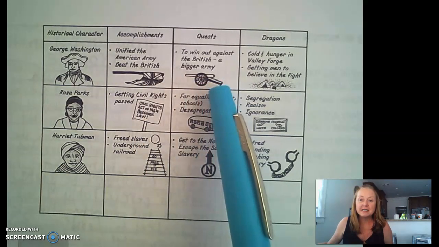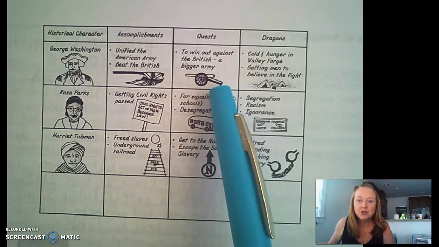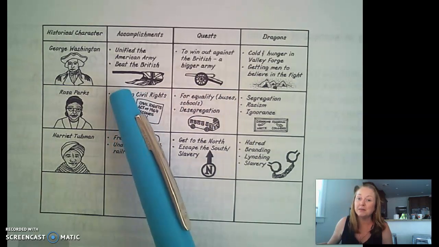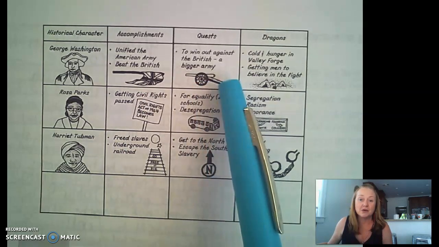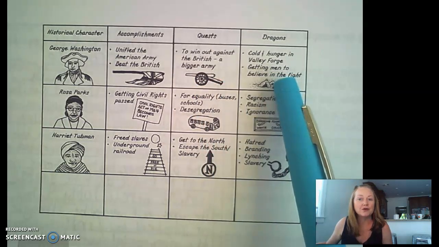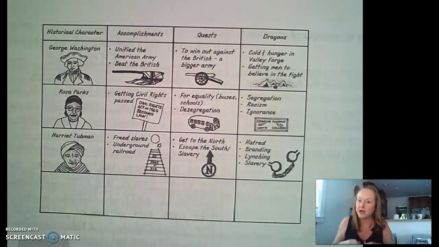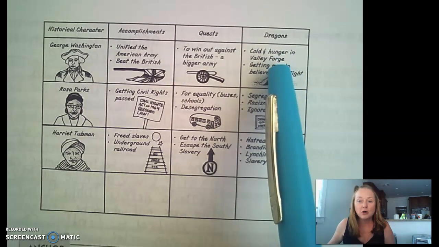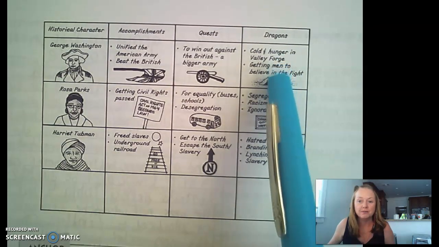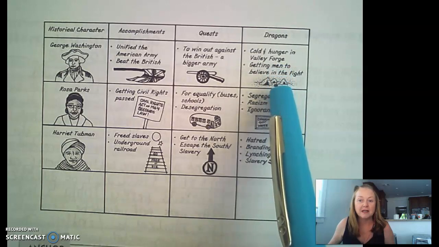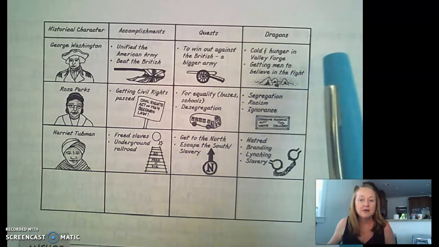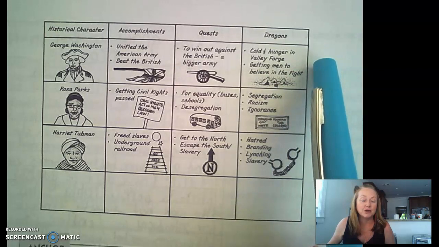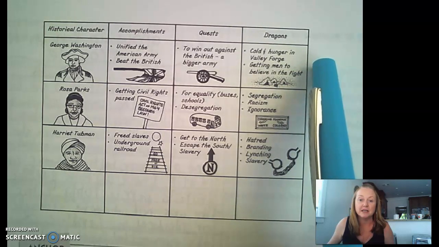His quest, his adventure, was to win out against the British, a bigger army. Did he do that? Yes, that's his accomplishment. This was his quest. What were the dragons, the metaphorical dragons that he overcame? They overcame cold and hunger in Valley Forge and getting men to believe in the fight. So this is a metaphorical dragon that George Washington and his army had to face.